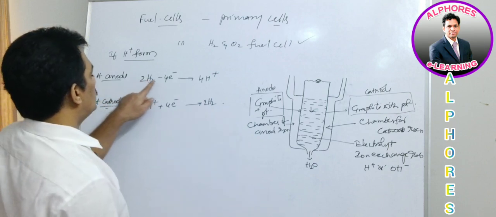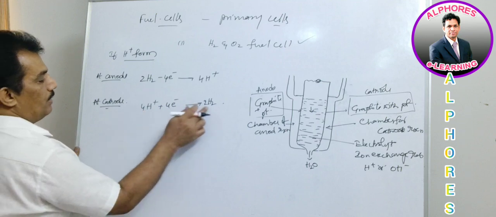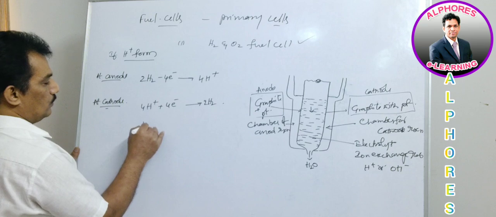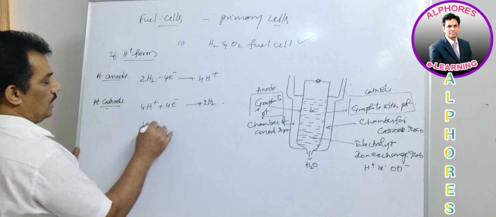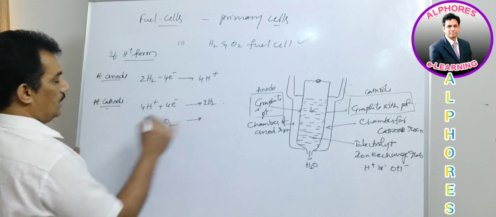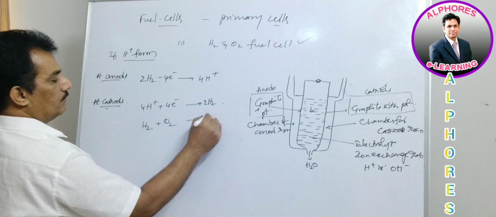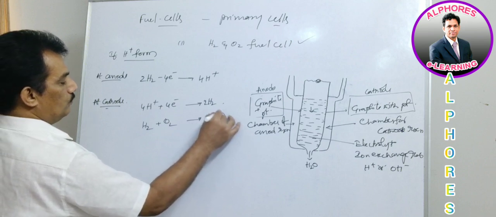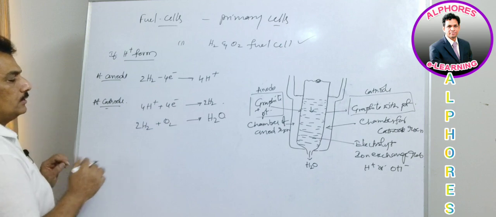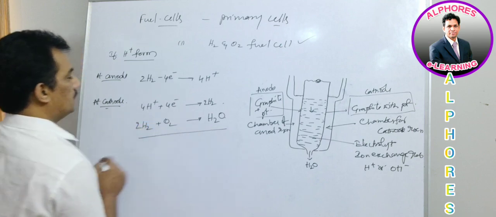It is H2 by giving electrons and H plus by taking electrons like this, and this H2 now by taking oxygen from atmosphere will convert into H2O. This is the reaction that happens.